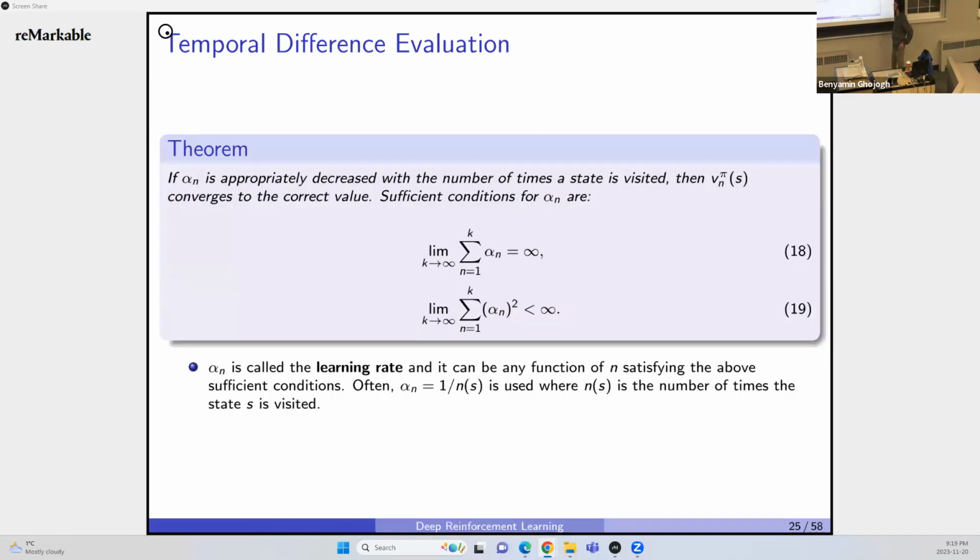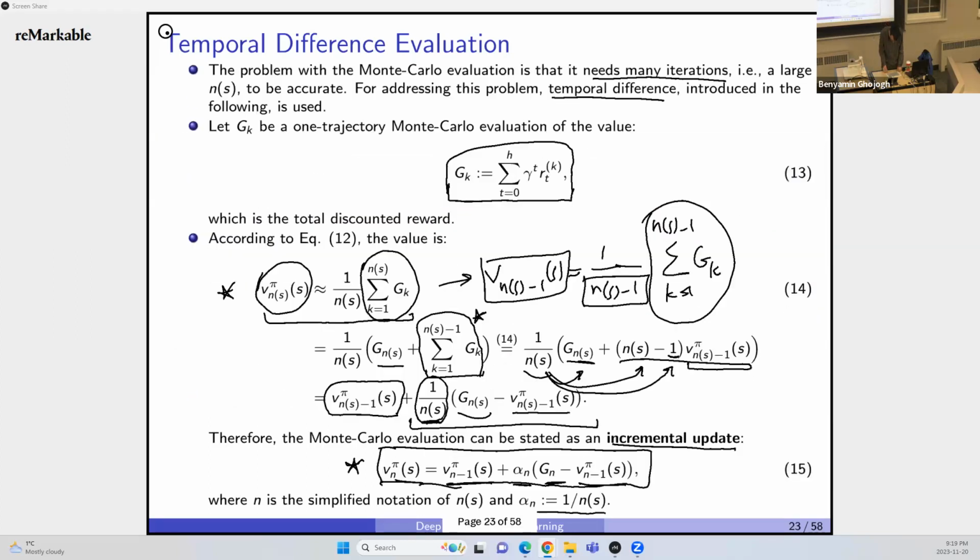Okay. Anyway, do you remember I said rather than 1 over N_S, we put alpha_n, right? So they say we can have any function of n, such as 1 over n, but with some conditions.